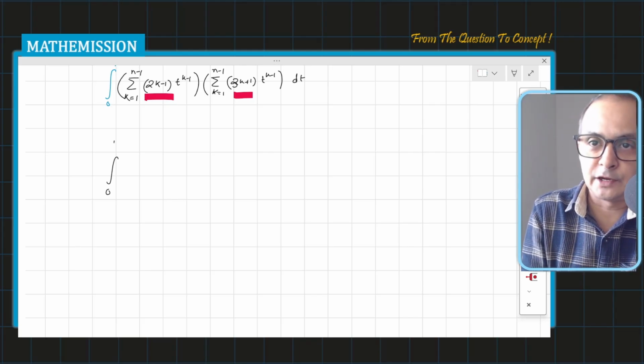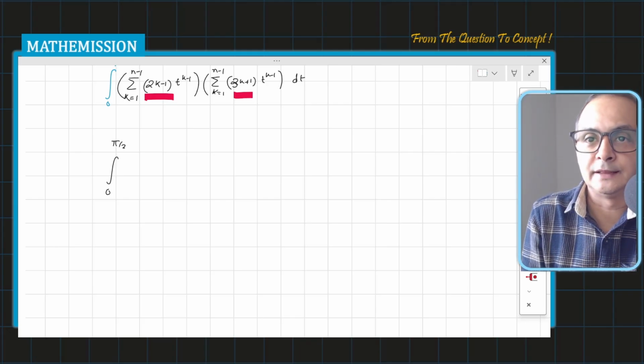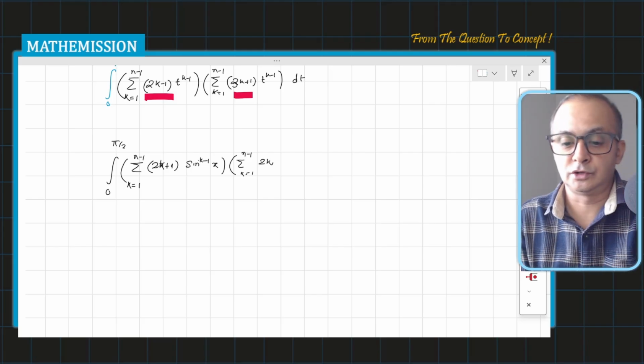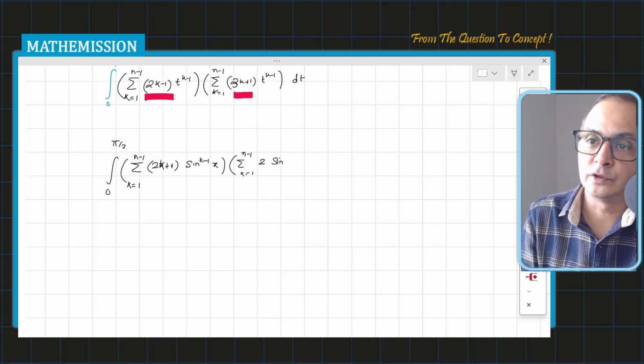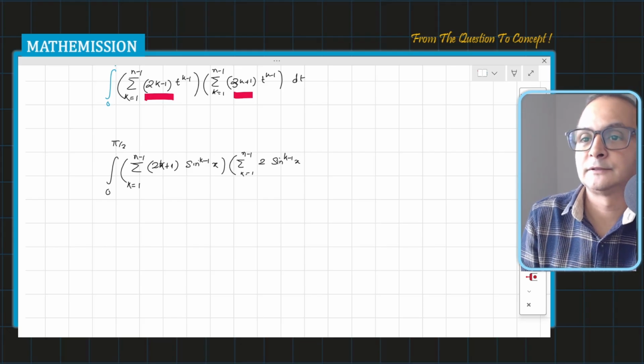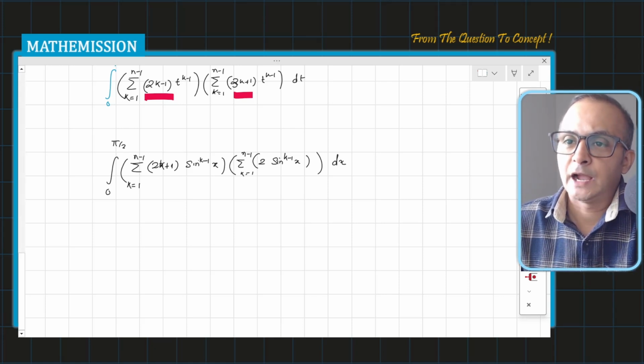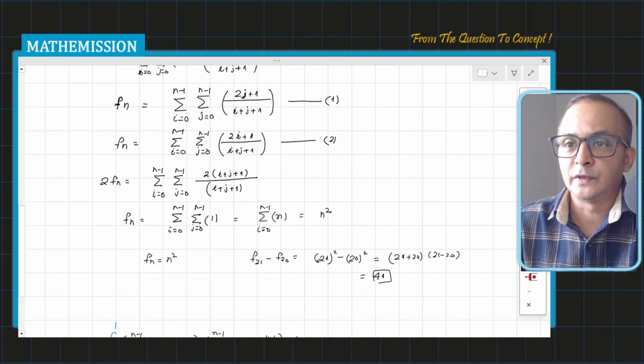Let's say 0 to pi by 2, similar kind of question I'm giving you, and this time I'm giving summation k goes from 1 to n minus 1 of (2k plus 1) sine to the power k minus 1, and the second summation is k goes from 1 to n minus 1, and here I'm giving you not 2k, but 2 times sine to the power k minus 1 x, and this whole dx. I don't know what answer will come, but it's good practice if you want to practice through this.